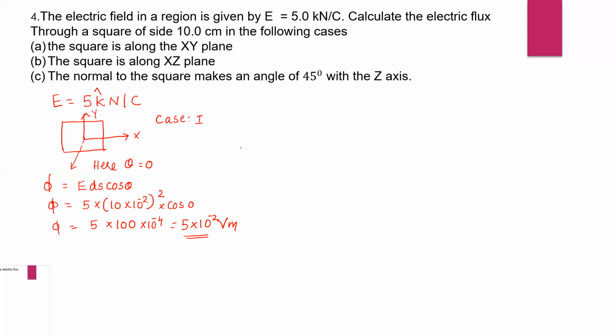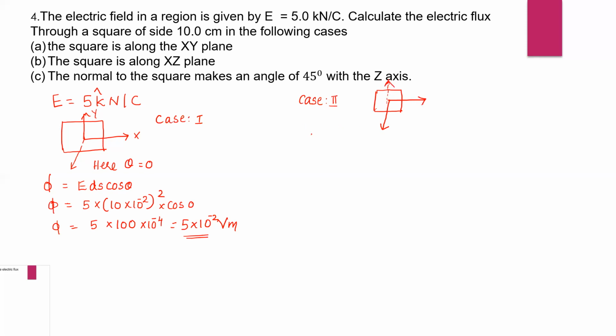Next is case 2. The square is along the XZ plane. Square is along the XZ plane means this is X and this is Z. ds will be perpendicular here.